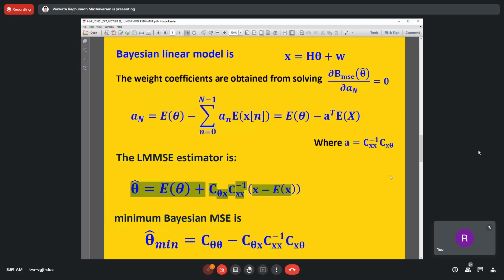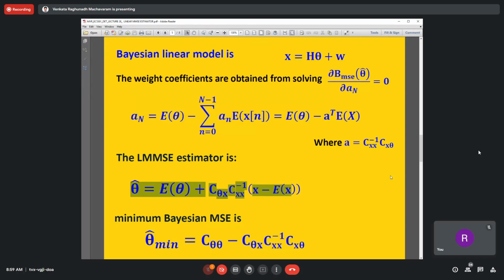Expectation of theta plus C, substitute A plus X minus Ex. So what is the minimum value?